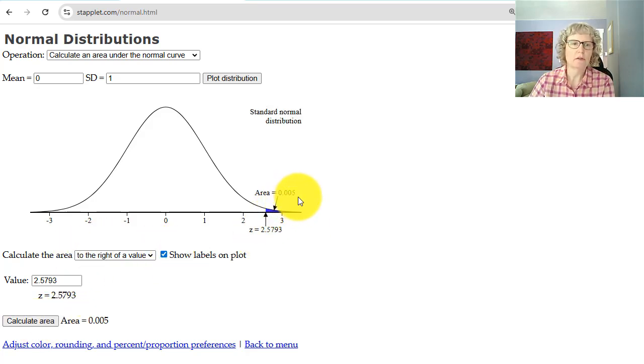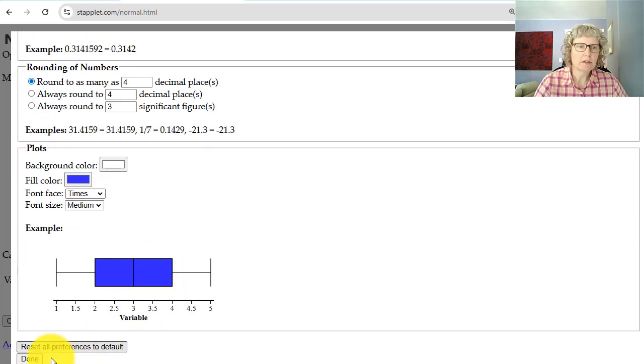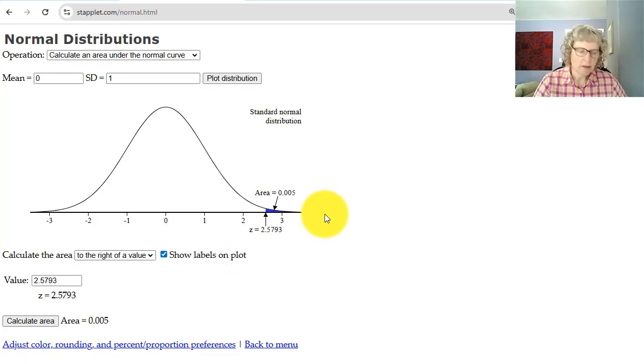Okay, great. And we can see it is quite small. 0.005. And I'm just going to double check with this rounding link at the bottom that I do have round to as many as 4, so it must have been cut off right there. So 0.005. Okay, very small, right? And I'm double checking. It doesn't look like we have a significance level. Okay.